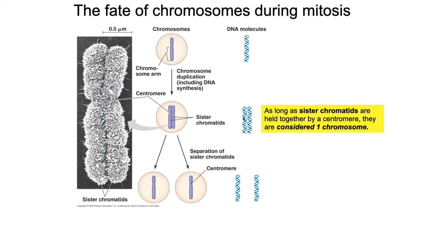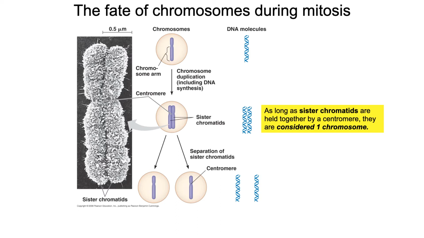These 2 double-stranded DNA molecules are 100% identical to each other, and they are connected to one another by a centromere. That's this constriction here that is connecting one of the double-stranded DNA molecules to the other double-stranded DNA molecule. And in this particular situation, we call them sister chromatids.